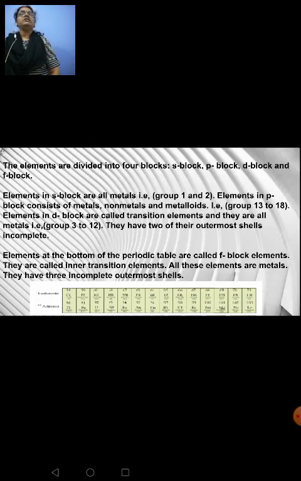So the 57th element will be seen there in P block, whereas the 58th element will be seen under F block. Similarly, the 89th element is actinium, Ac, that will be seen under P block there. From the 90th element, that is thorium, it will be seen under F block till lawrencium, that is the element with atomic number 103 and symbol Lr.